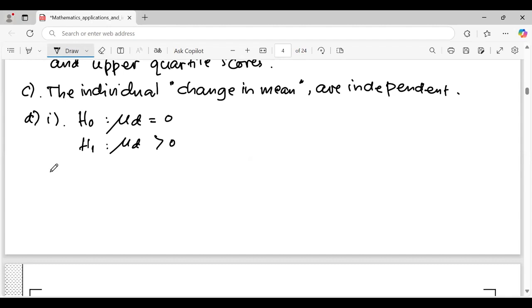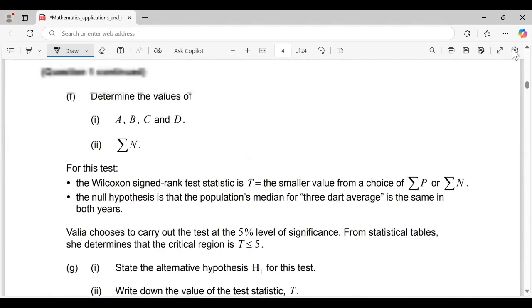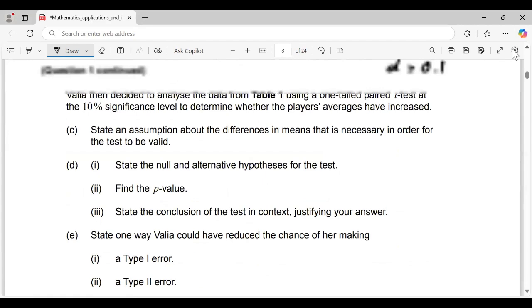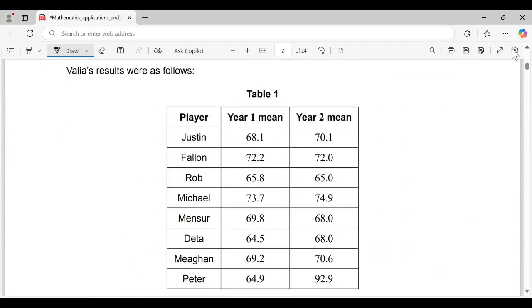And the second step, we're going to find the p-value. To find the p-value, first we need to find the differences on Table 1.